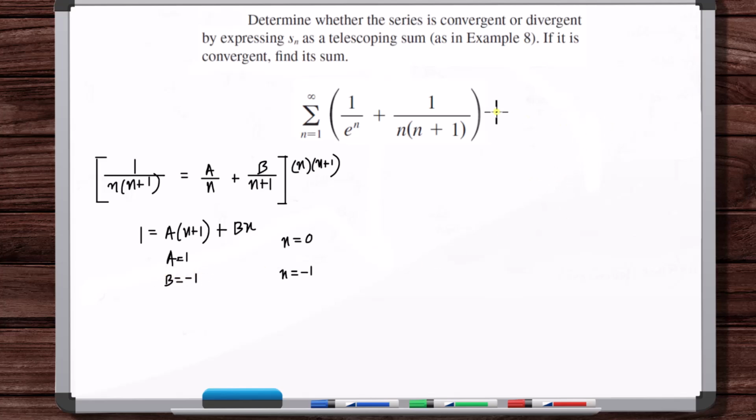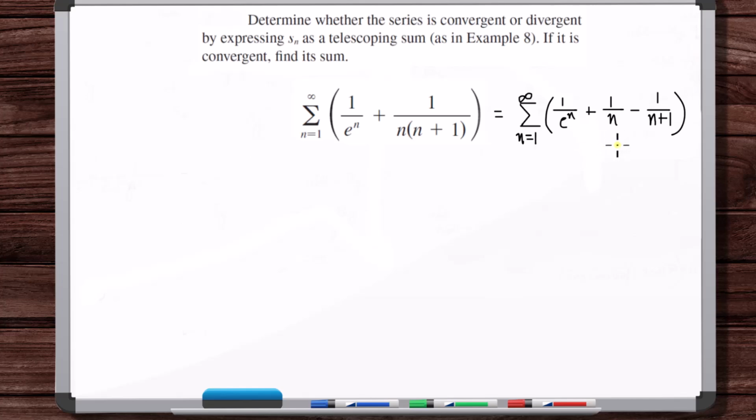So, okay, what we've got is, plus. Okay. So what we're going to do now is we're going to write this series out in that expanded form. So okay, we're going to write out the S sub n.